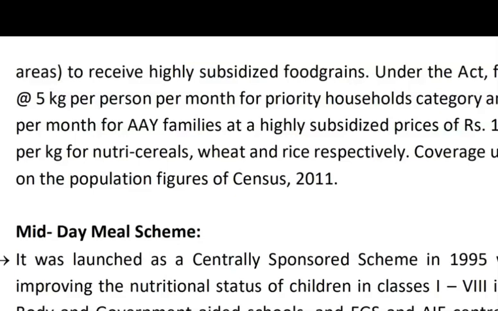The beneficiaries under the National Food Security Act fall into two categories: priority households and Antyodaya Anna Yojana households, each of which is entitled to 35 kg of food grains each month, that is 5 kg per person per month. Wheat costs rupees 2 per kg, rice is rupees 3 per kg, and coarse grains are rupees 1 per kg.